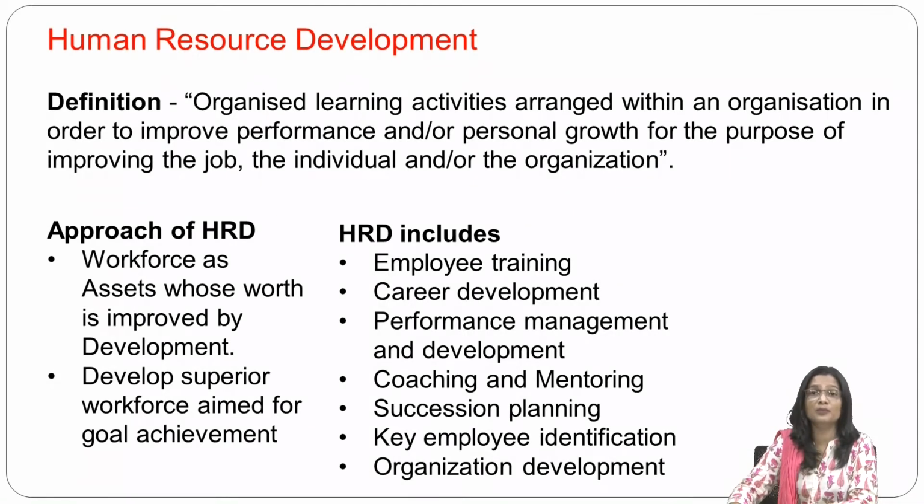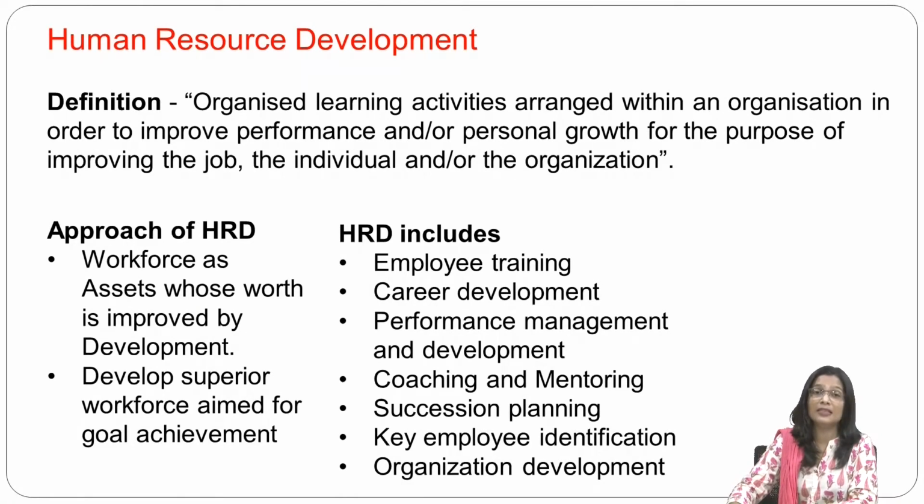The basic purpose for organizing the activities is nothing but improvement, and definitely this improvement is with respect to the job improvement, the individual's own growth and improvement, and obviously when the individuals are improving, the organization on its own is going to get improved.